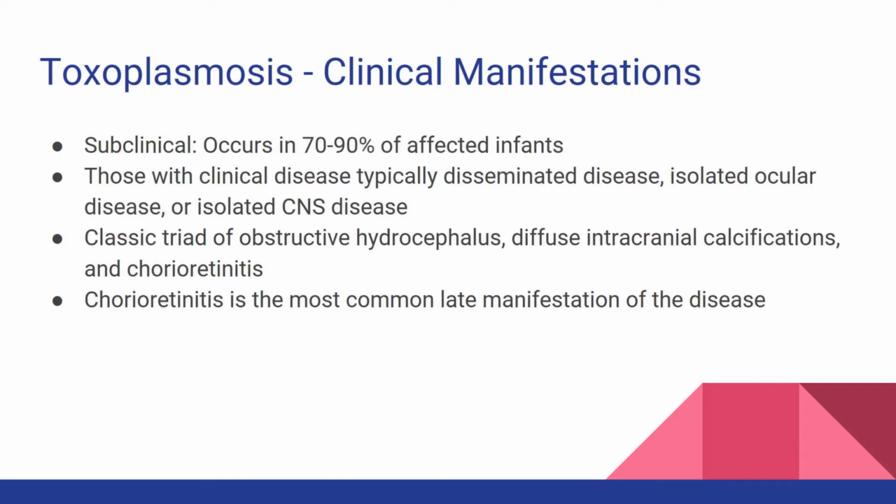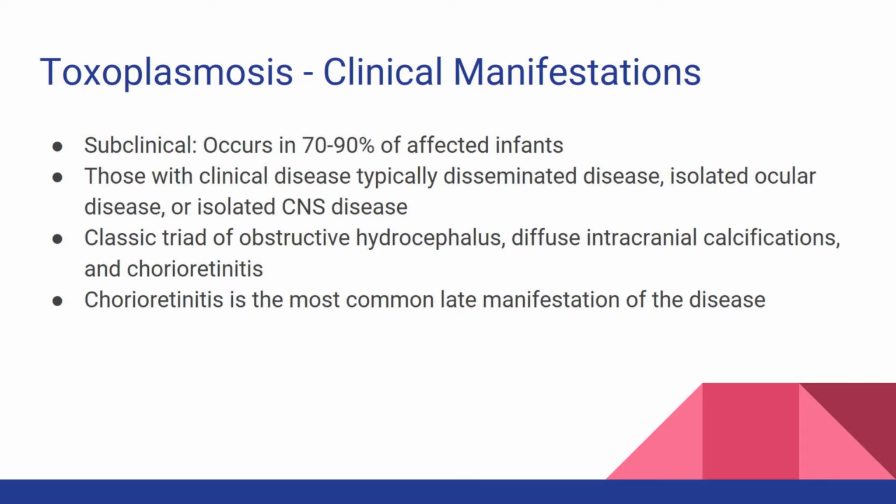Some of the clinical manifestations of note: between 70 and 90% of infants are subclinical and won't have any known symptoms. However, those with clinical disease will typically have disseminated disease as well as ocular and CNS effects. The classic triad that will often show up is obstructive hydrocephalus, diffuse intracranial calcifications, and chorioretinitis.